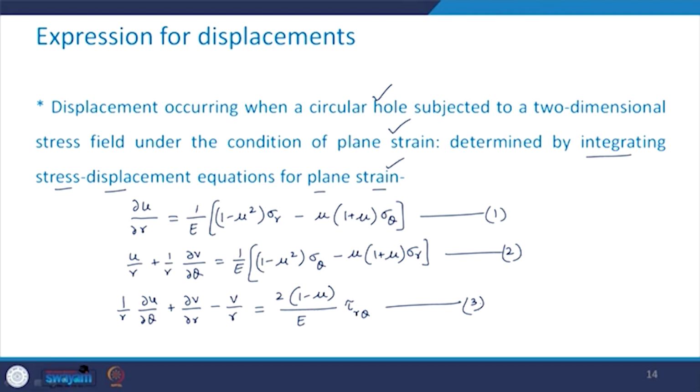Now we can substitute the expressions for sigma r, sigma theta and tau r theta again as we did in the previous case.